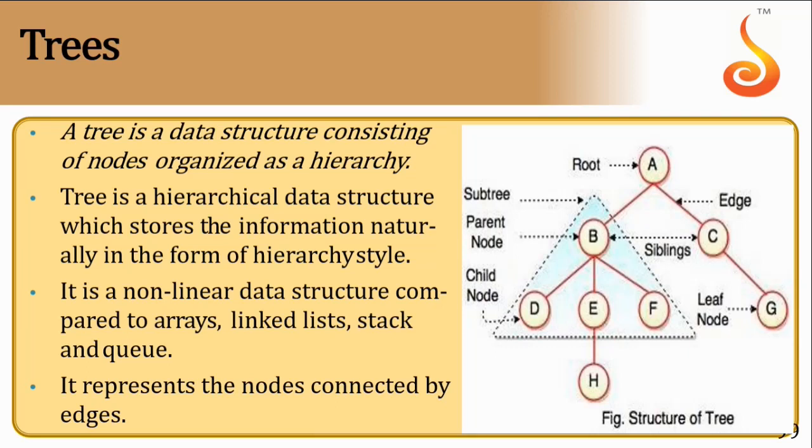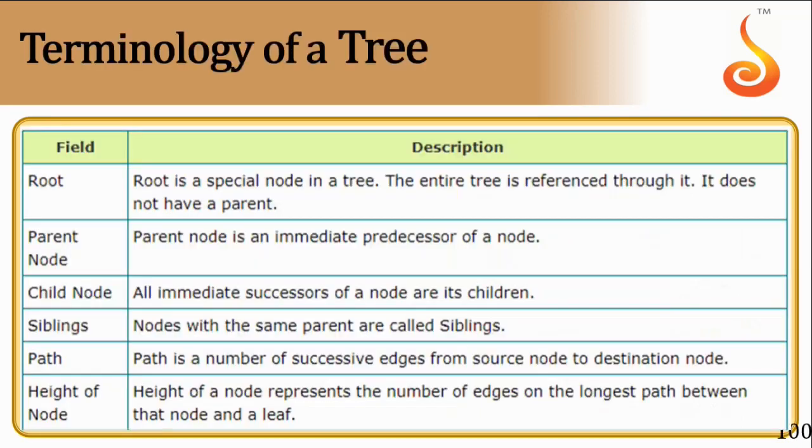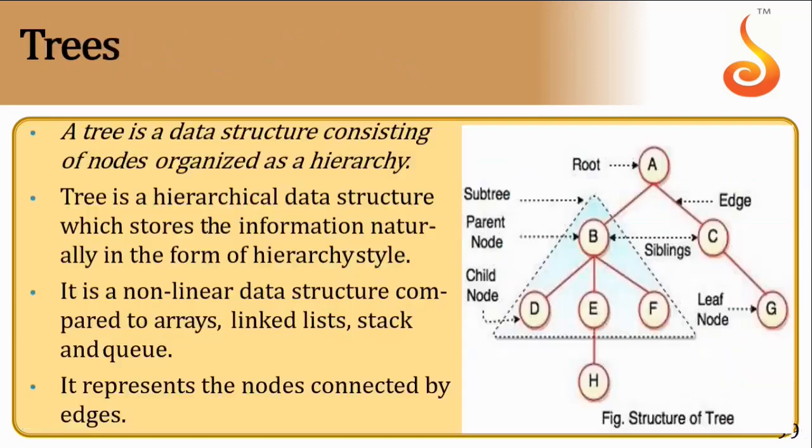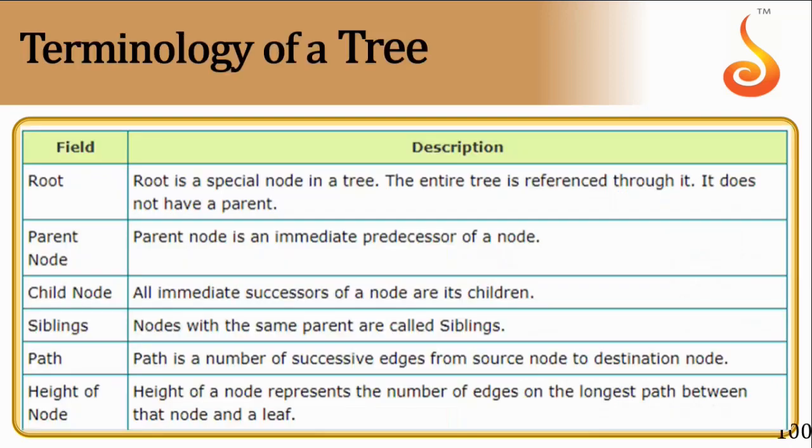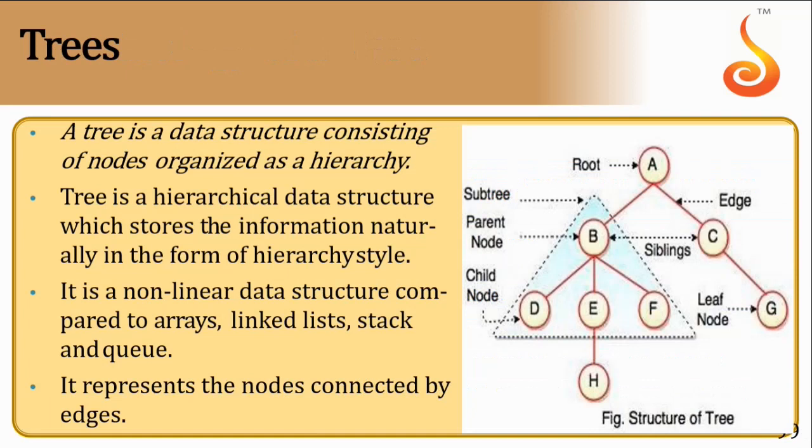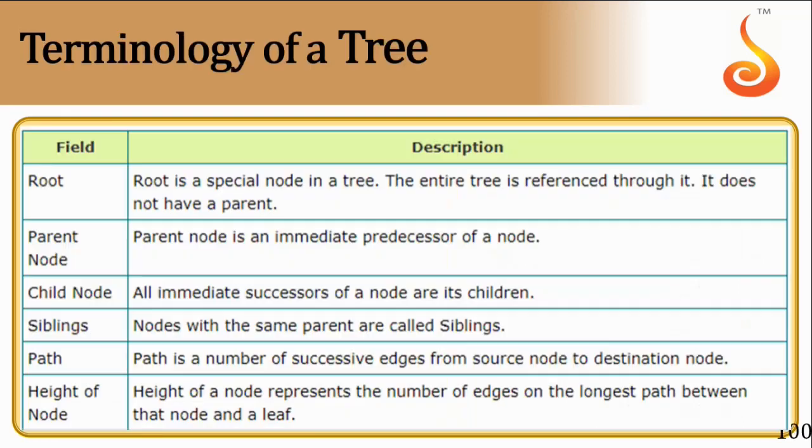Now we will learn a few terminologies of trees. These are the few terminologies which I have labeled here also. The first one is a node. A node is a fundamental part of a tree. It's a collection of nodes organized in a hierarchy, wherein the nodes have a hierarchical relationship. So we should know what a node is.